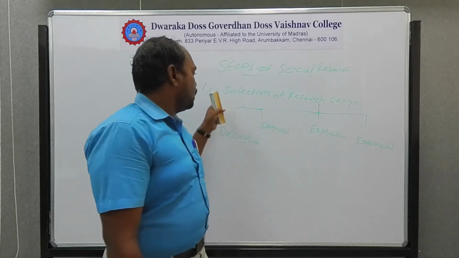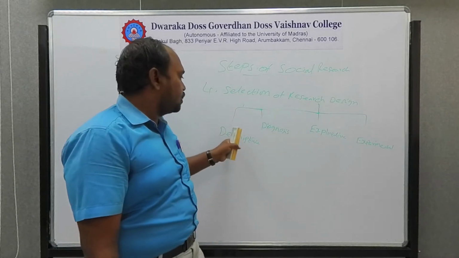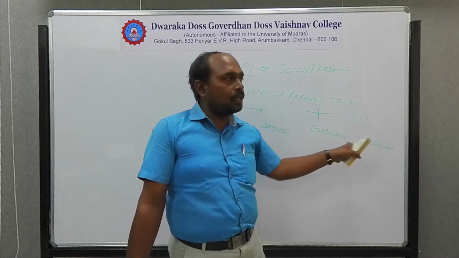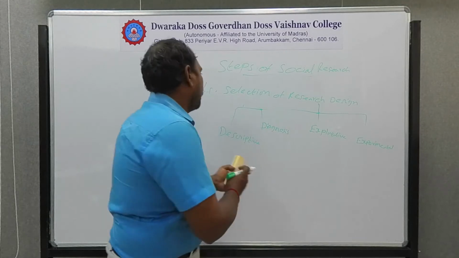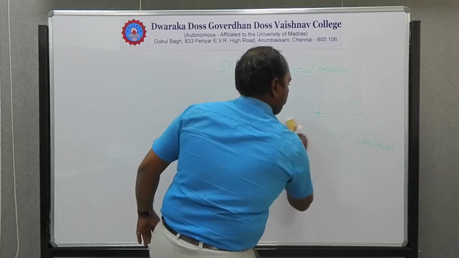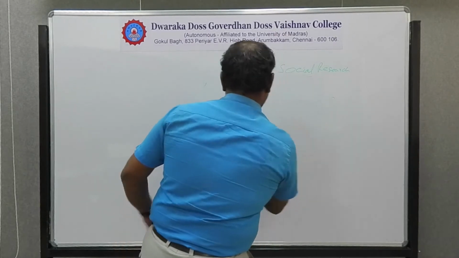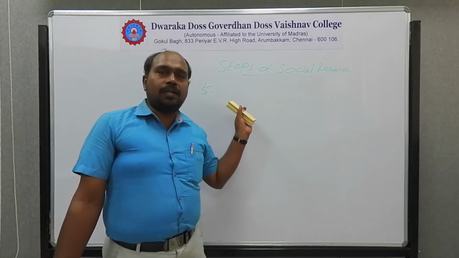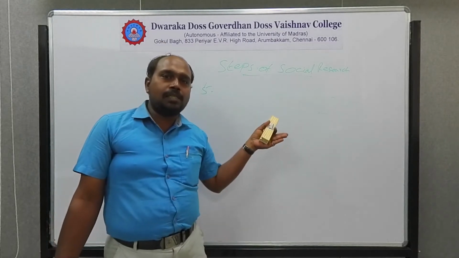So the researcher has to identify which research design will be more appropriate for his research problem. After selection of the research design, we are passing to the next one, selection of sample.